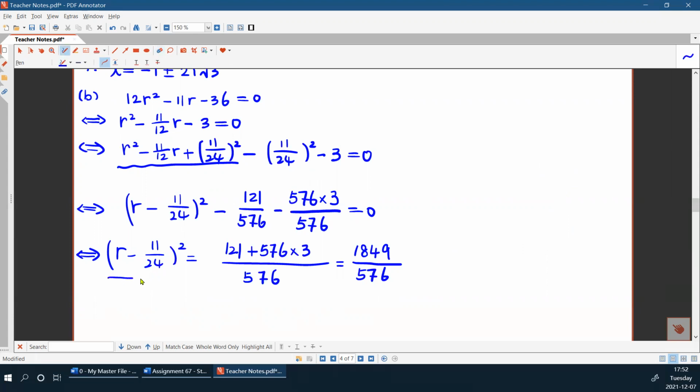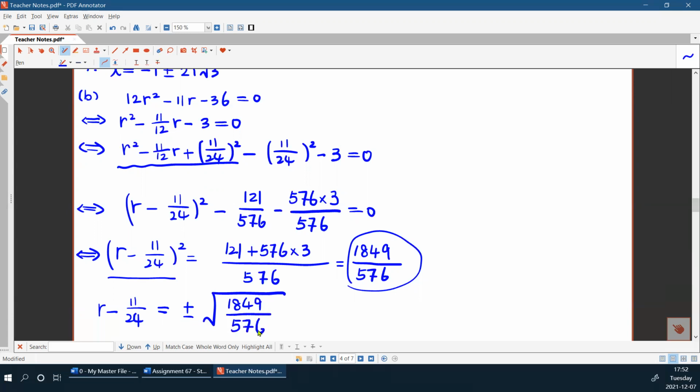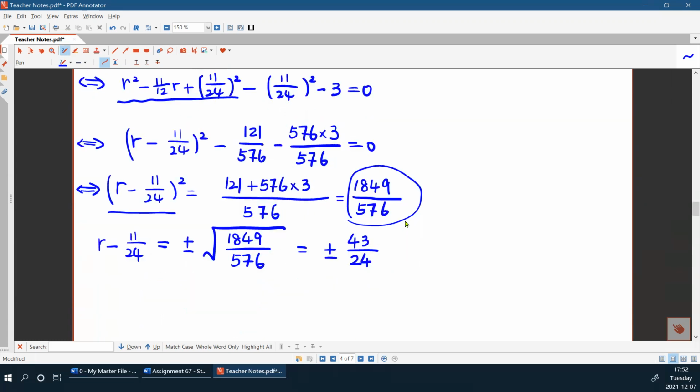All right, so basically we have something squared, which is a perfect square number. So that means r minus 11 over 24 must be positive or negative the square root of 1849 over 576, which is positive or negative 43 over 24. Remember, 24 squared is 576, right?